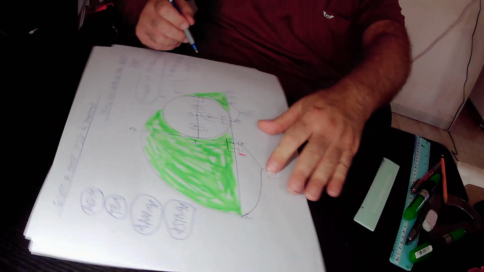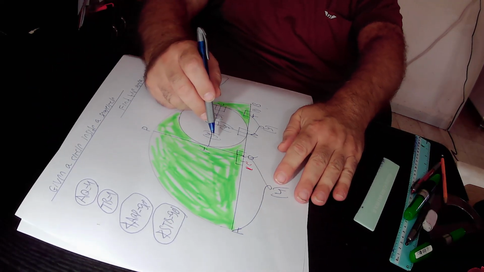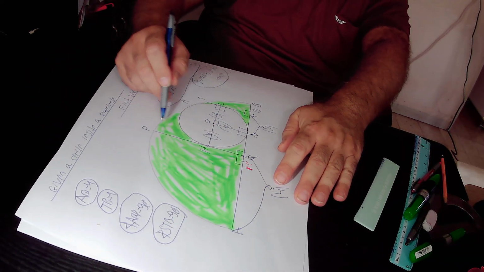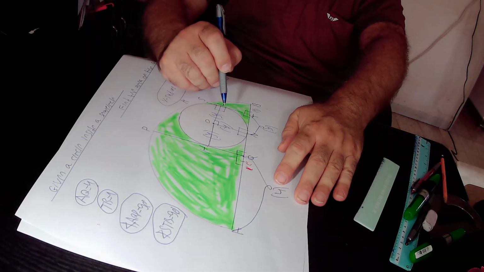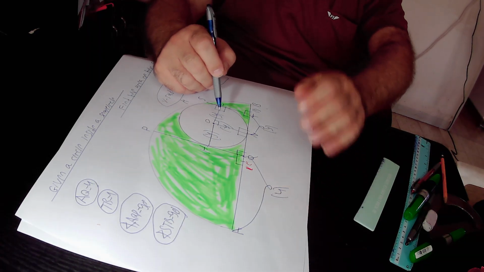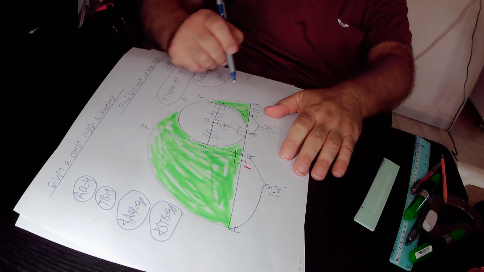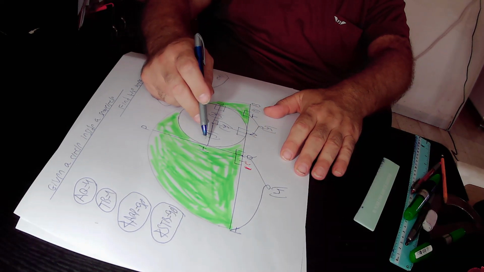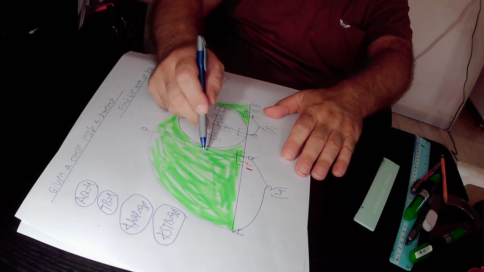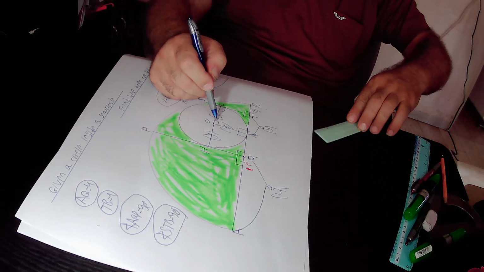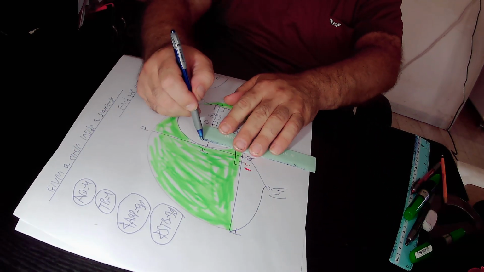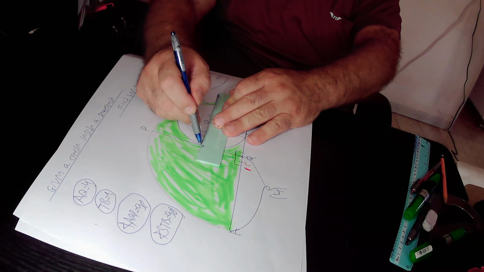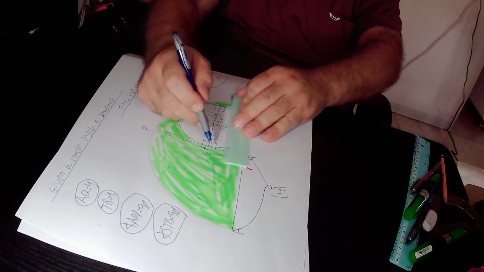The radius OH is drawn to point H, that is the point of tangency of tangent PQ with this small circle. And whenever you have a radius that is drawn to the point of tangency, then tangent PQ will be perpendicular to the radius HO. If PQ is perpendicular to HO, it means that this angle equals 90 degrees, and this angle also equals 90 degrees according to the same rule, rule 1.